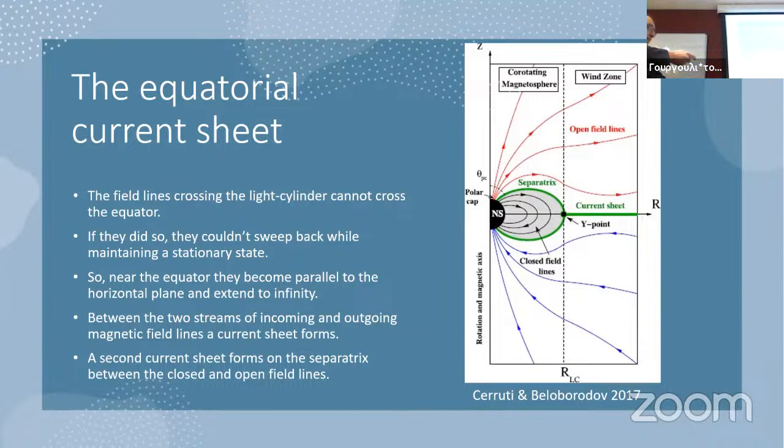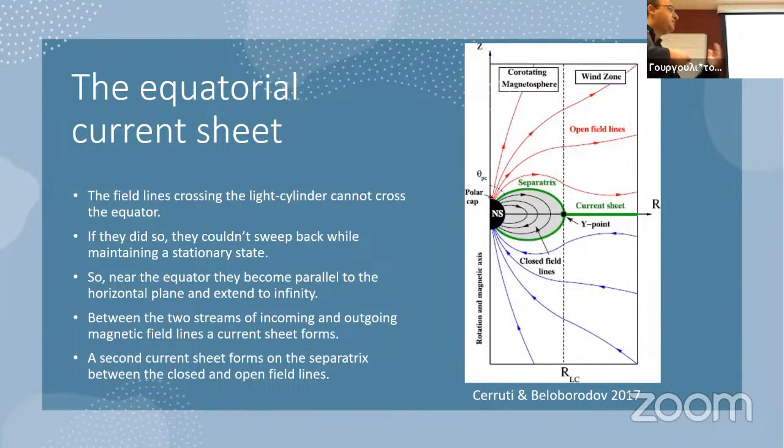Now, there is a second current sheet shown here in green, which is separating the open field lines and the closed field lines. As we said before, the open field lines are swept back, so they will have a phi component. You can think of it as a component normal to the screen. And then these field lines over here will not have any sweep back.